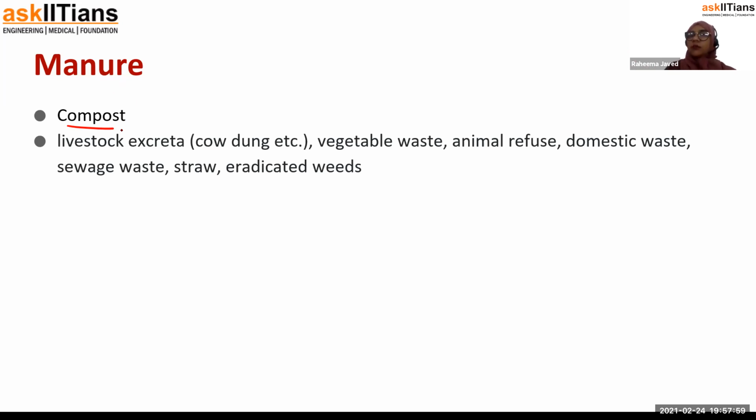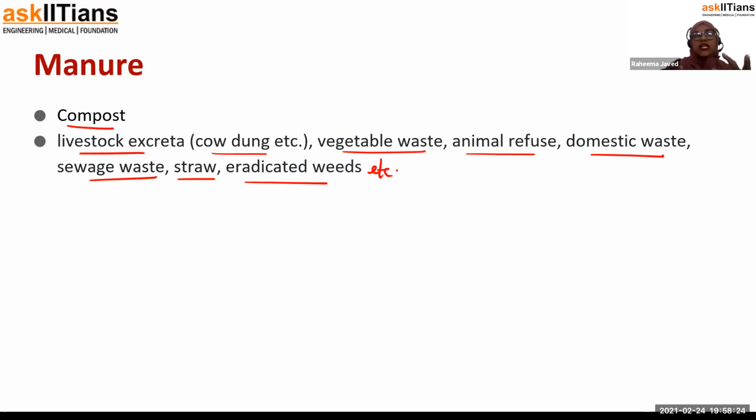So we will begin with manuring. We will begin with compost. Here in the compost, we use livestock excreta like cow dung, vegetable waste, animal refuse, domestic waste, sewage waste, eradicated weeds, etc. These things are used and they are decomposed.